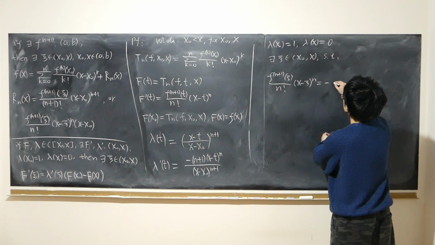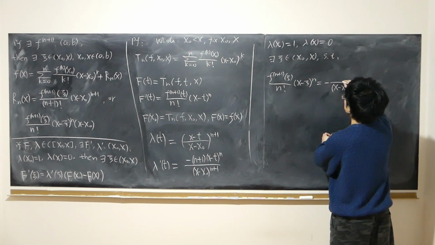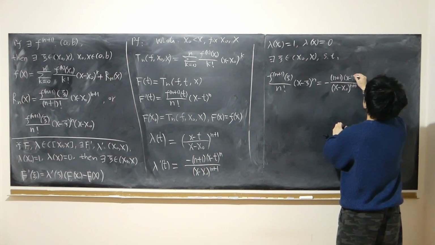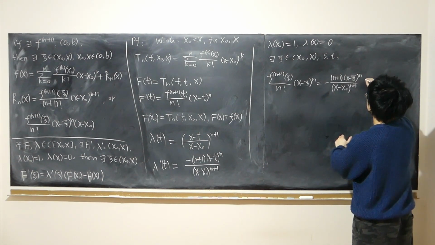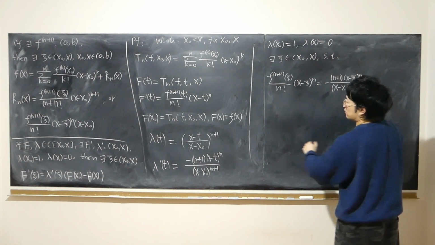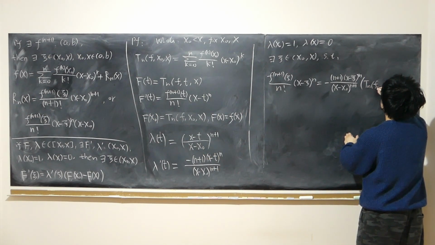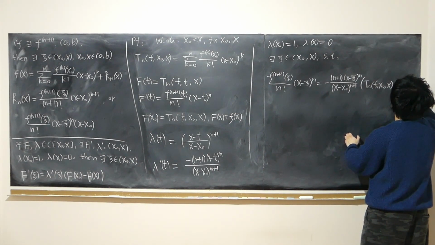That is minus x minus x naught to the power of n plus 1 times n plus 1 times x minus Cauchy to the power of n times f x naught minus f x. That is this minus that, Tn f x naught x minus f of x.